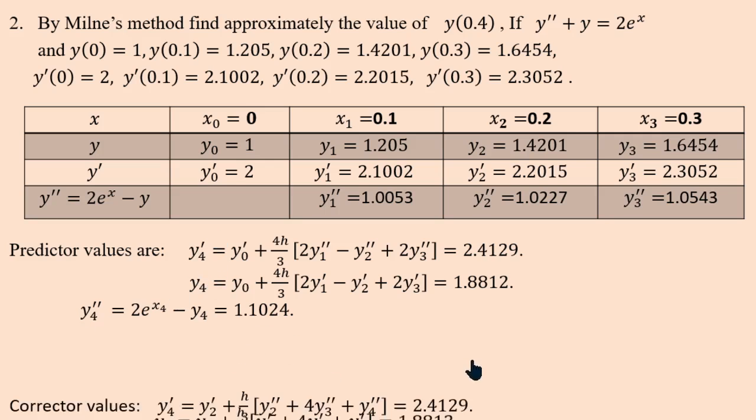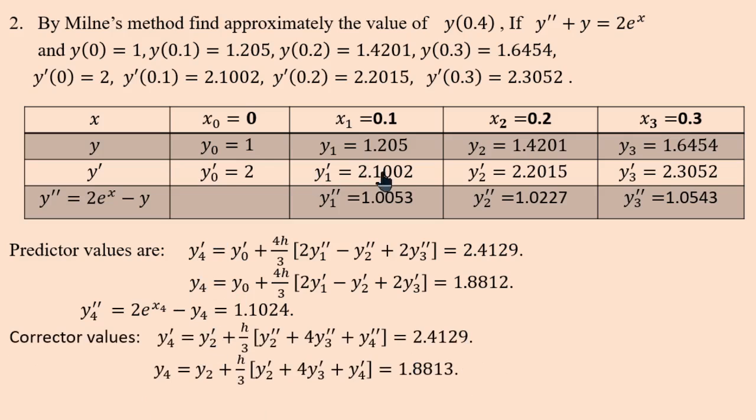Corrector value of y4 dash is y2 dash plus 0.1 by 3 y2 double dash plus 4 times of y3 double dash plus y4 double dash, this one. So this is y4 dash.